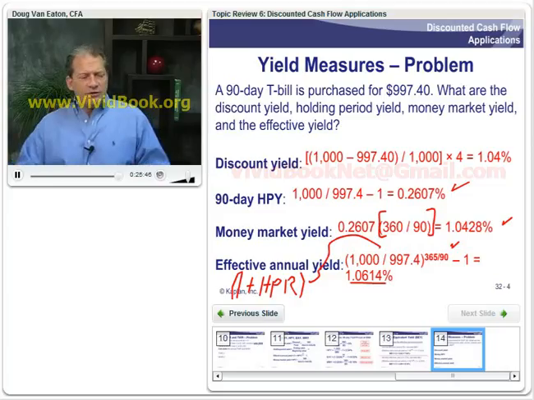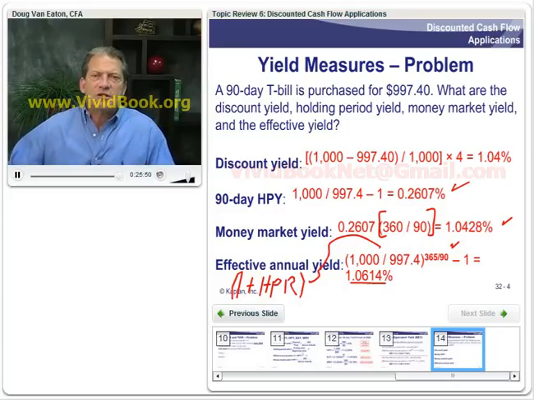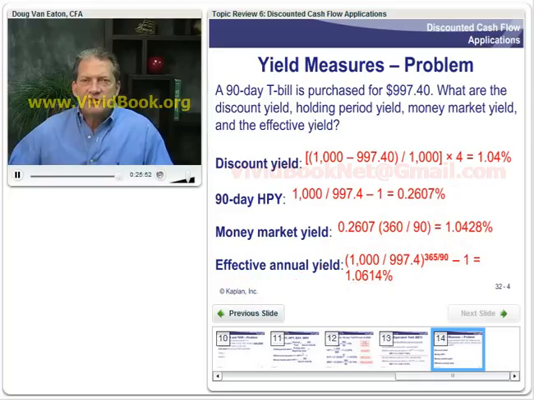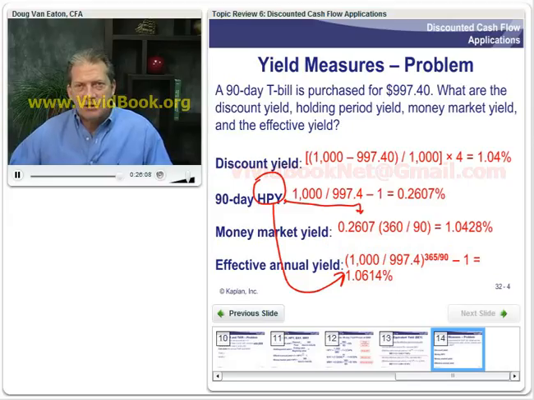Now, you also may be required to switch from one of these to the other just to demonstrate your understanding of it. My suggestion is that you always key off the holding period yield. If I have the holding period yield, I can certainly make this calculation, and I can certainly make that calculation. Or if I have the effective annual yield, I can just take 1 plus that and take the inverse of that power.